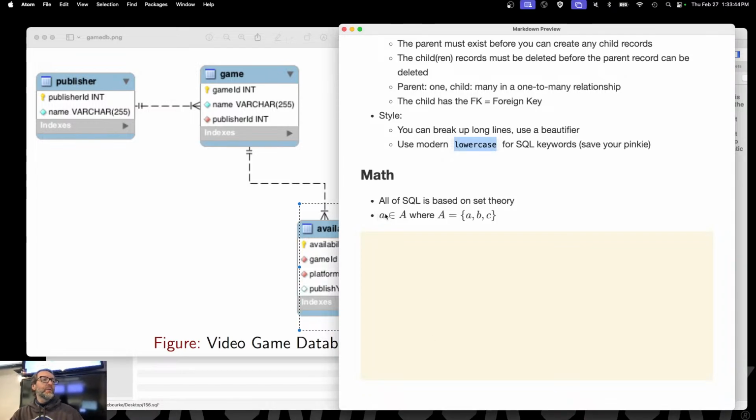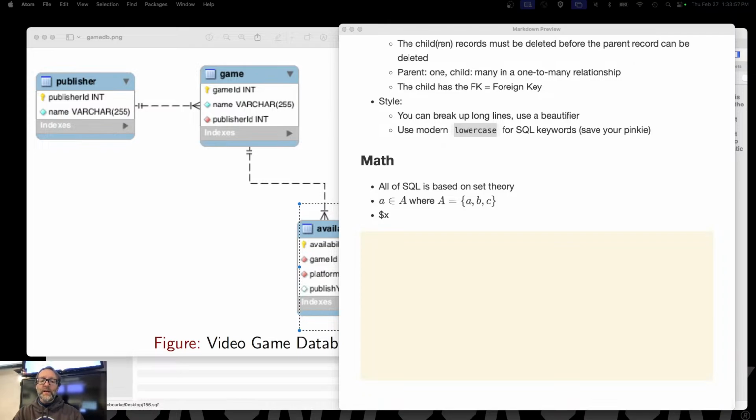So this notation right here says that A is in the set A. And A right here consists of the elements A, B, and C, right? So this is true, right? We can also say that X is not in A, right?